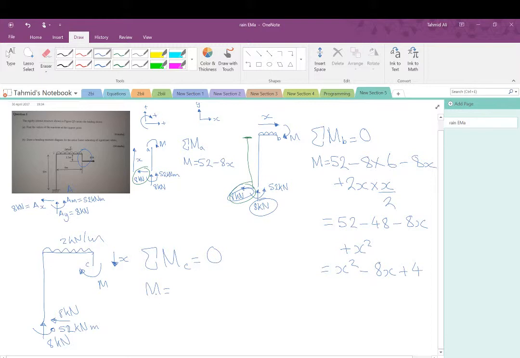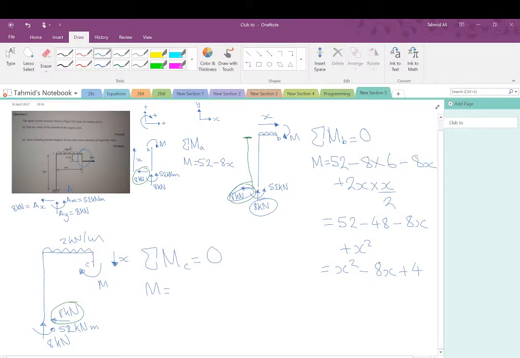So M is going to be equal to this 8 kilonewtons. Yep, it's going to be 8 kilonewtons times 6 minus x, because you want to find out this distance, because it's acting this distance away from M. So you want to find out that distance, hence why it's like that.